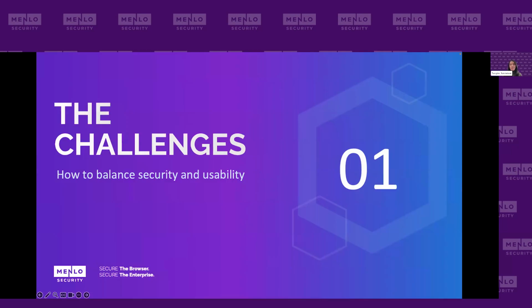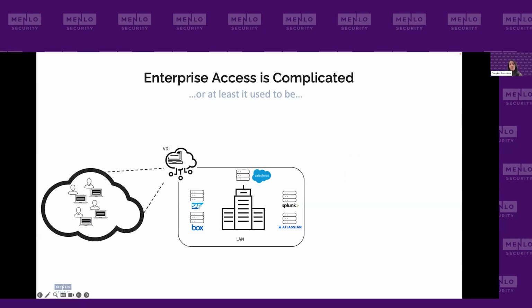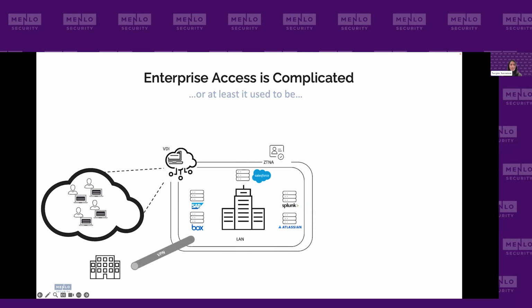Now, for the challenges around secure access to applications, I don't want to spend too much time here. These challenges are most likely already very familiar to everyone, but enterprises have been trying to provide secure access almost as long as there have been applications. First, they tried virtual desktop infrastructure, and then virtual private network access, and most recently, zero trust network access.